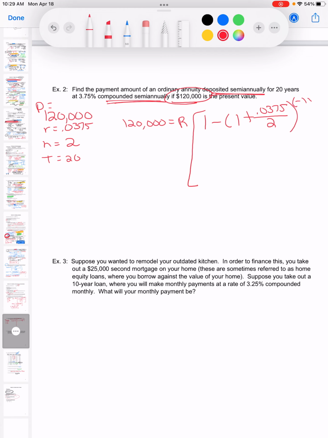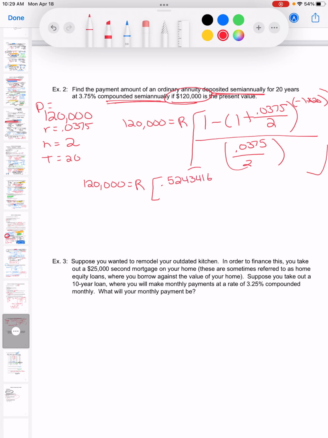Be careful, I know I've said it a couple times, but I'm always wary of that negative sign. Doing the right hand side, I'm going to type in the numerator. Going to type in the denominator.